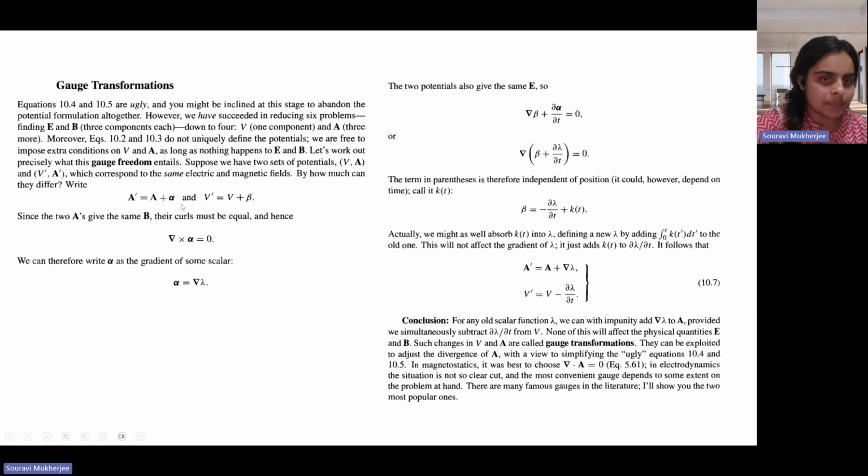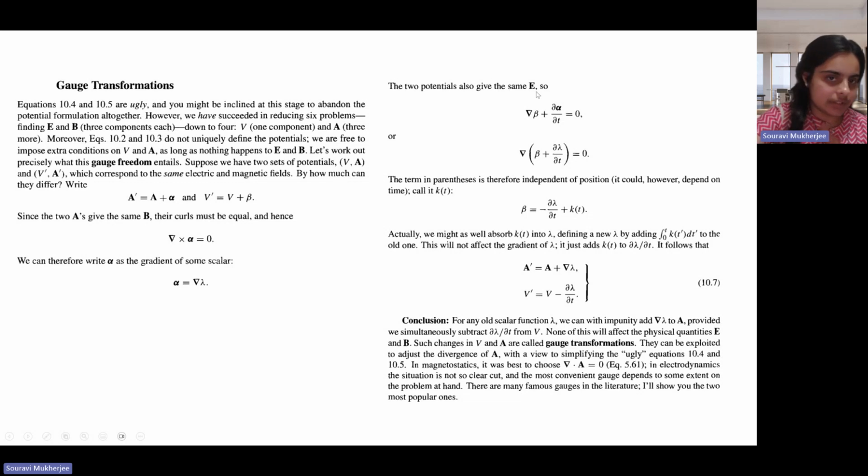Whatever you add here, the curl of that factor should be 0. And we know that the curl of the gradient of any scalar is always 0. So you can write alpha as the gradient of some scalar lambda. That means you can write a new vector potential as A, your original potential, plus gradient of lambda. When you take a curl, this goes away, so you get the same magnetic field.